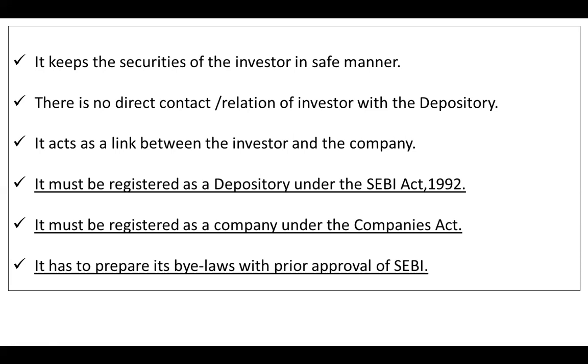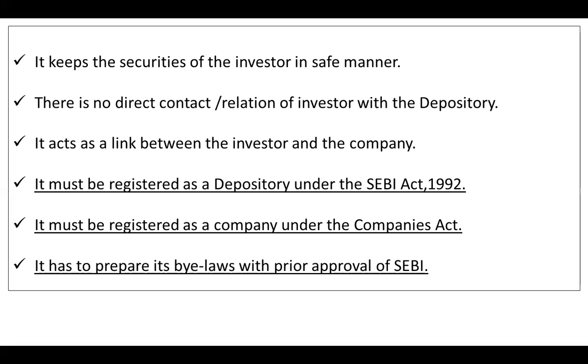It must be registered as a company under the Companies Act, because it is a company, an organization, a system which can link the investors and the company.